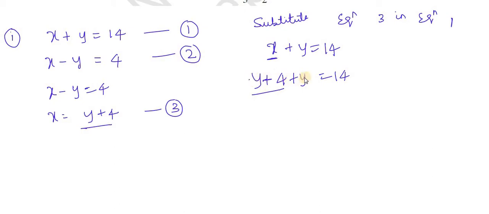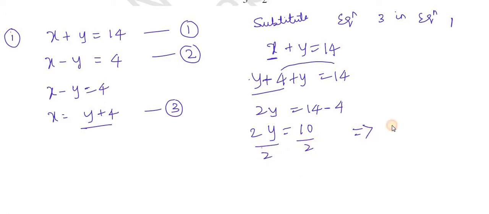So now y plus y, 2y, is equal to 14, and if this 4 comes to the right hand side, it becomes minus 4. So 2y is equal to 10. We want y, so we should isolate y on both sides. If you do like this, you'll get y is equal to 5. Is it clear?